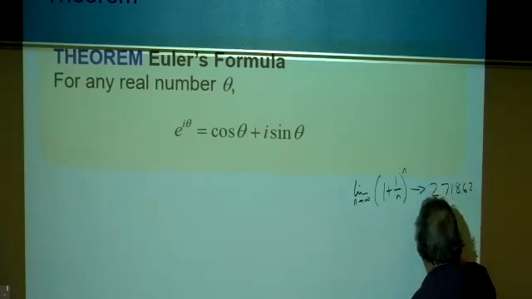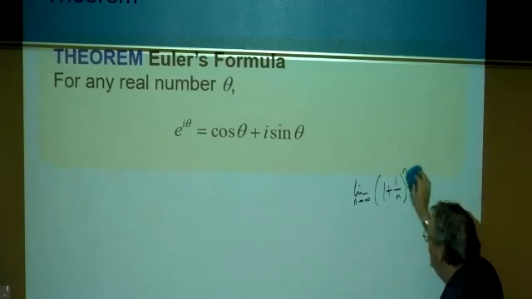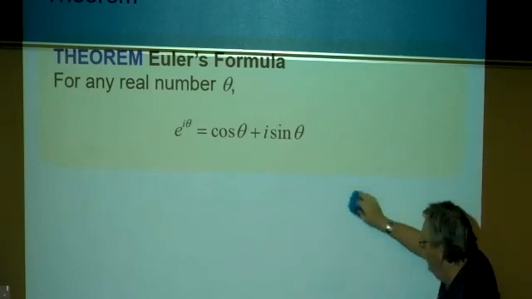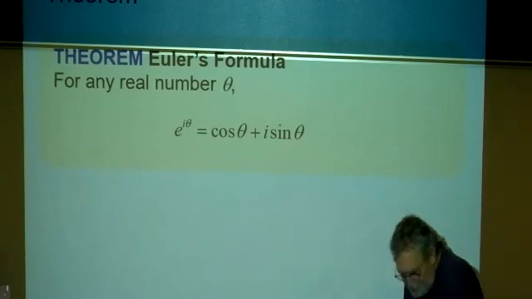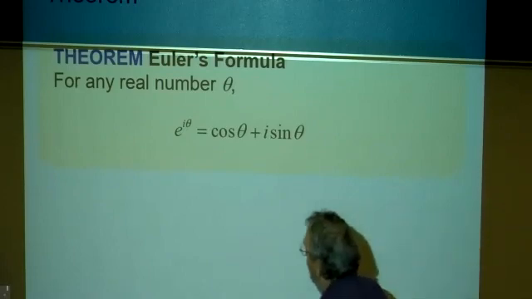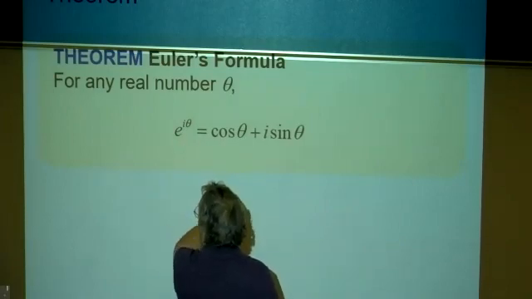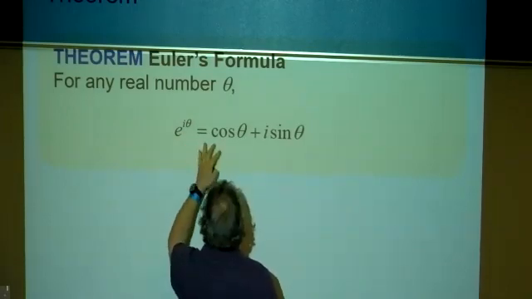So the larger n gets, the closer it gets to this magic number we call e. And Euler was the first one to describe it, and so we named it after him and gave it a letter e. And then he came up with this formula, which is why it's named after him.